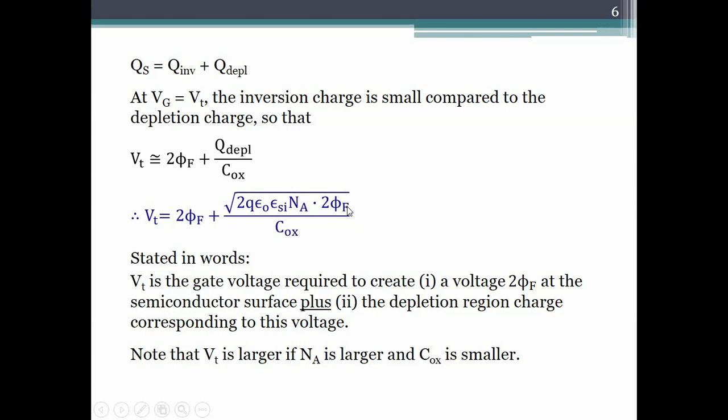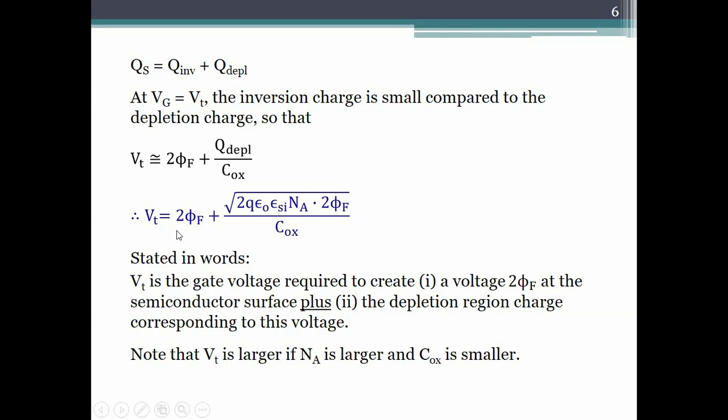As I said, if you did not understand any of this, don't worry about it. In fact, we will not even be using this equation, but it is useful to know that this is the equation for the threshold voltage. At least in this lecture, for the next few minutes, we will utilize this equation multiple times.